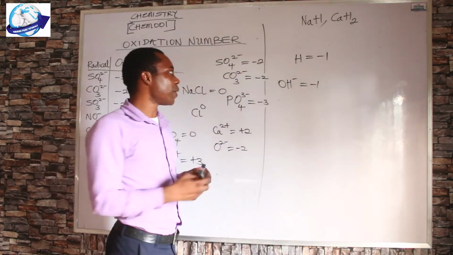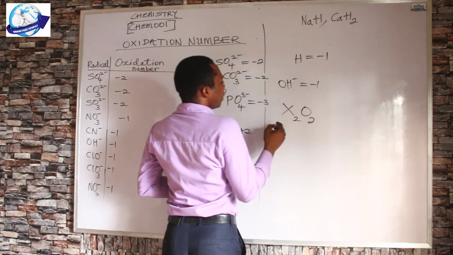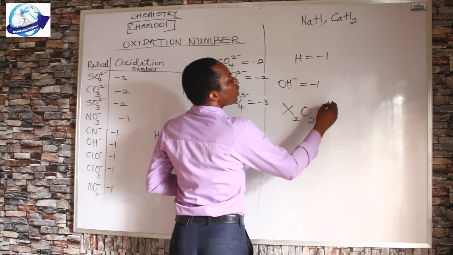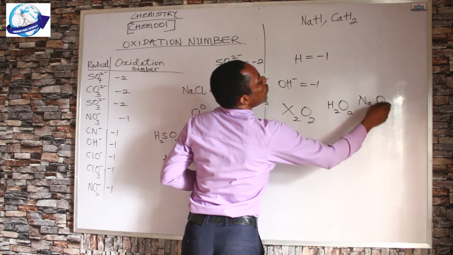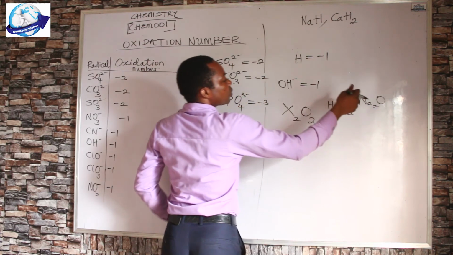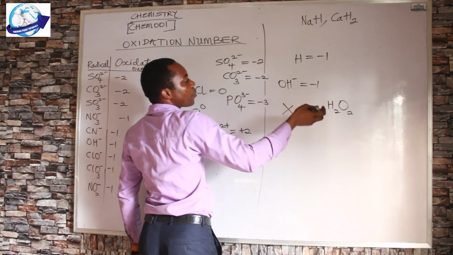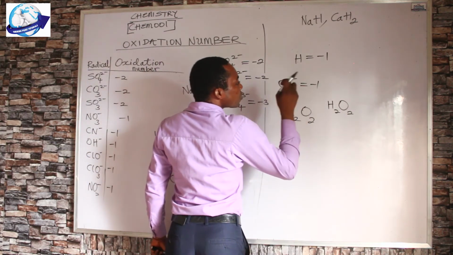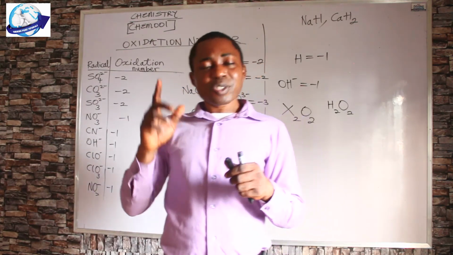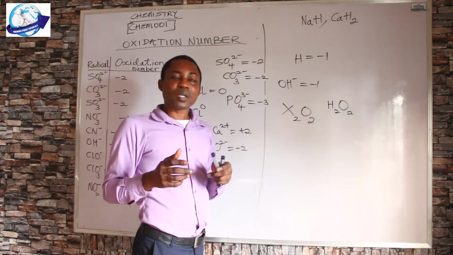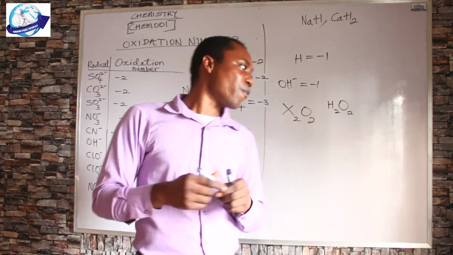For example, the general formula XO2 can be hydrogen peroxide or sodium peroxide, and so on. In its combined state, oxygen is always minus 2. But when it comes to peroxides, oxygen becomes minus 1. That is the oxidation state.